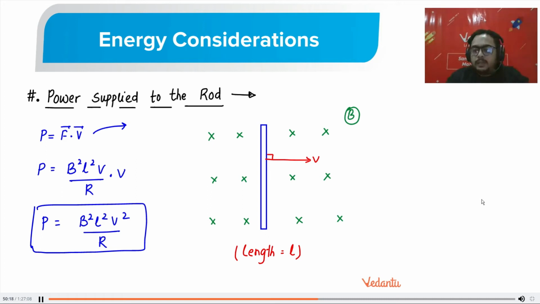You are talking about EMF into current. So EMF is BVL and current is BVL by R. So it will still come the same. Isn't it, Anish? See, it is coming the same. Whichever formula you use, the answer will come the same only.